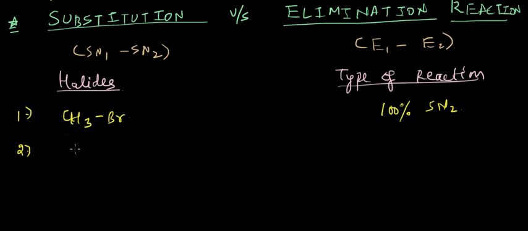Okay, next halide we have something like this. This is a 1 degree halide. In this also we'll say that obviously a positively charged carbocation would be unstable in this compound as well. So majority would be SN2 only.